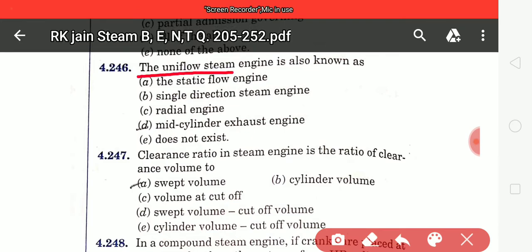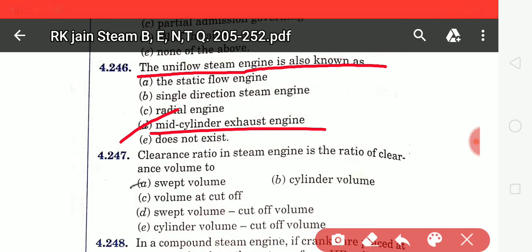The uniflow steam engine is also known as mid-cylinder exhaust engine.